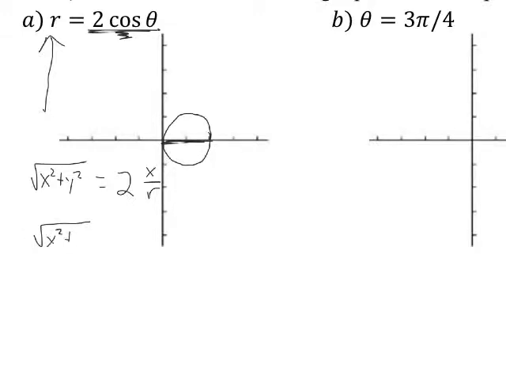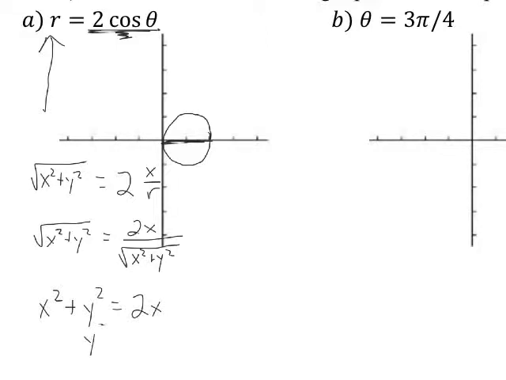X squared plus y squared is left alone, 2x, and then the r becomes, again, the square root of x squared plus y squared. And solving this out, we're going to try to get this into a y equals form. So we're going to multiply the denominator across, and that gets rid of the radicals. And then we can move the x's to one side of the equation.